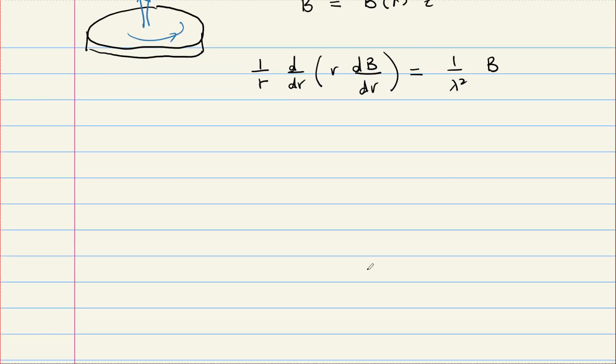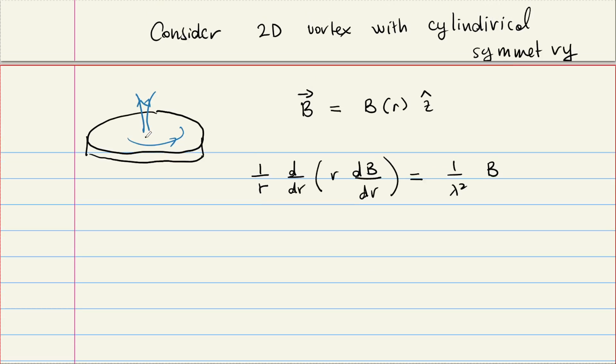And now I can think about the physics of this vortex. If you zoom in to a vortex, here are the length scales. Here's the center of the vortex, and there's a region where this thing is empty, right?